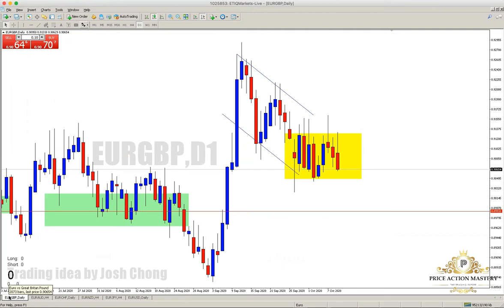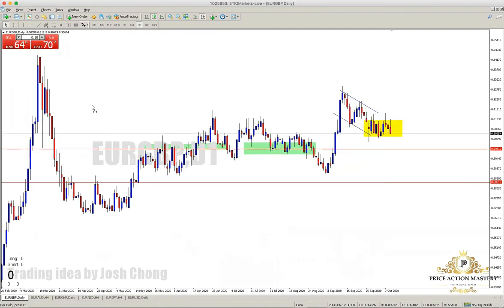Euro GBP, what happened to the market? The market is having a minor trend. I'm calling this a minor trend because we can see the market having a low, a high, and then this level is definitely a lower low, but this is not a lower high.